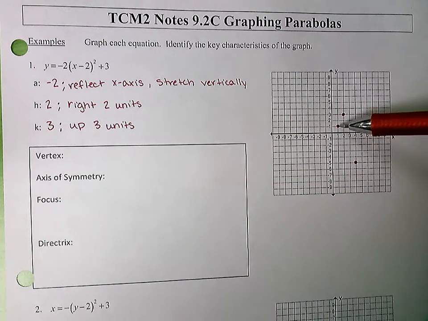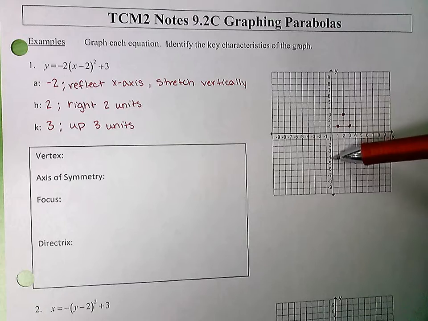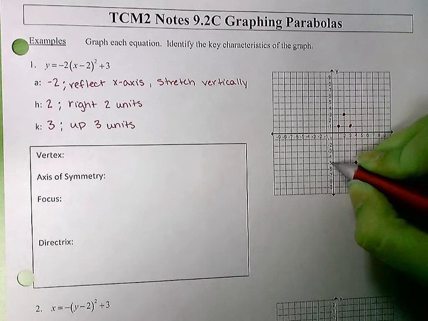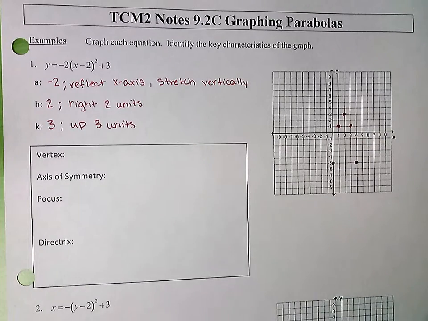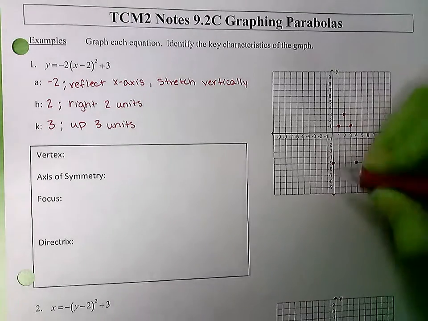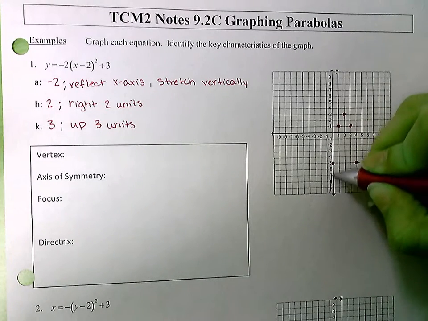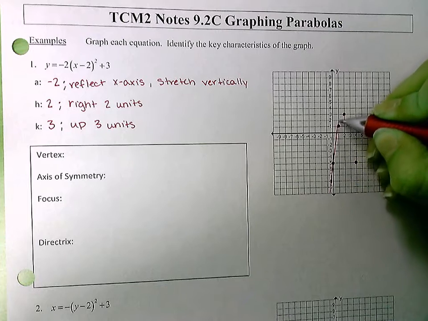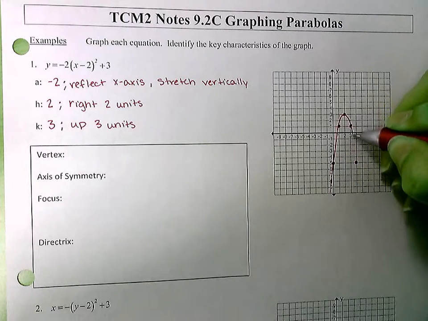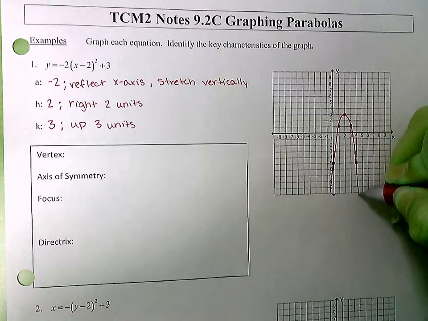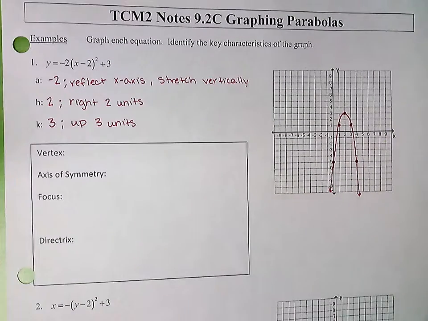Same thing from this one, except we'll go left and then down 6. Okay, and then I can just connect those. Okay, so that would be my parabola shape.